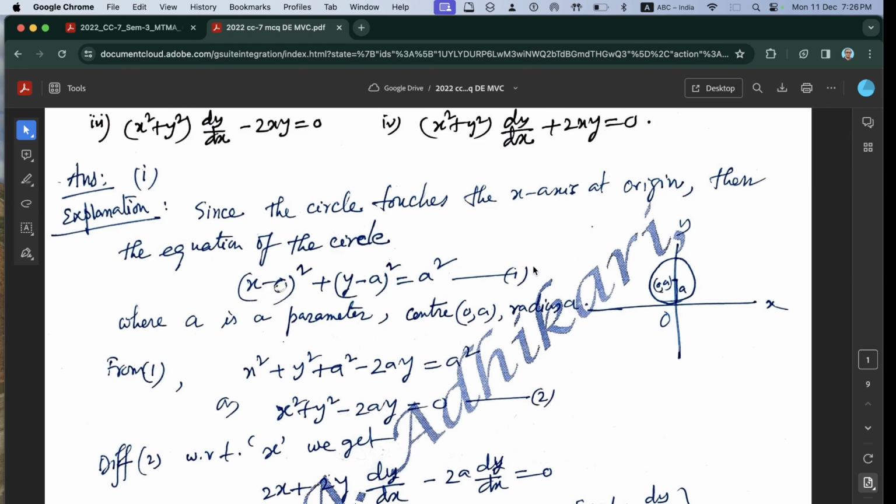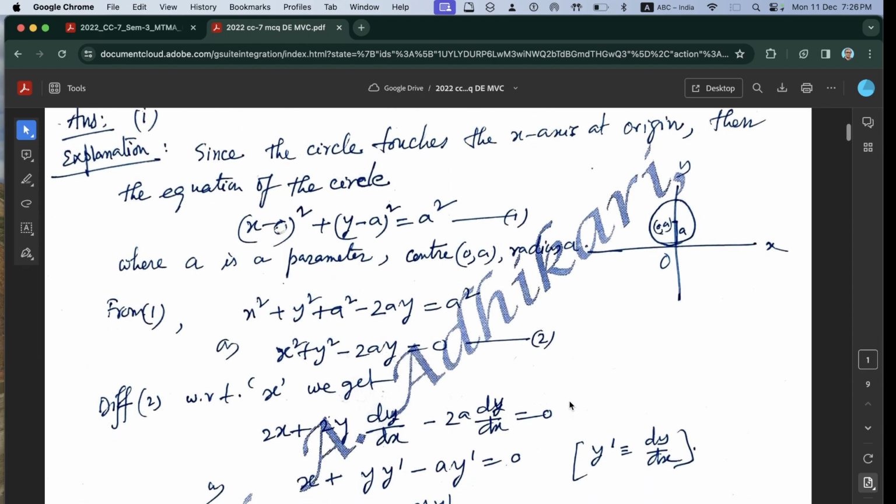From equation 1, x square plus y square plus a square minus 2ay equal to a square. So x square plus y square minus 2ay equal to 0, equation 2.